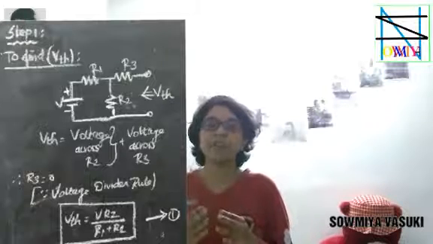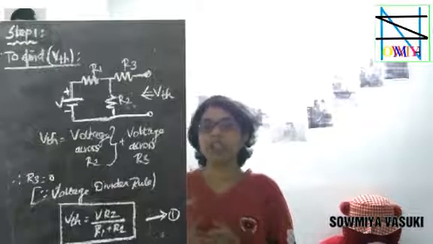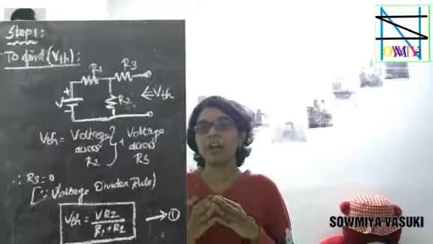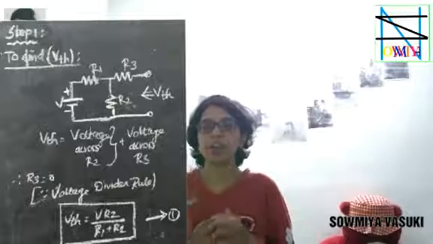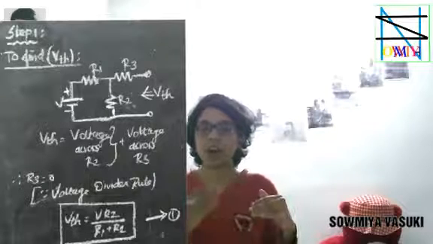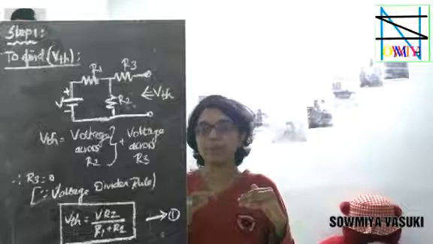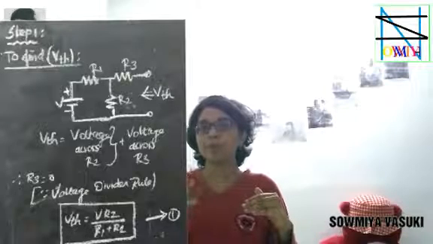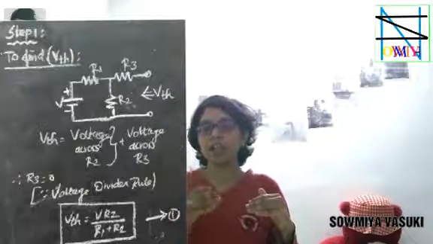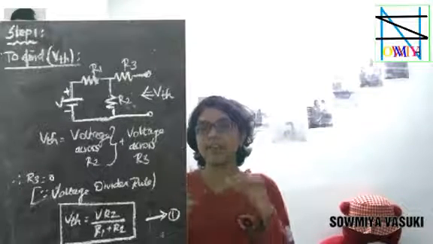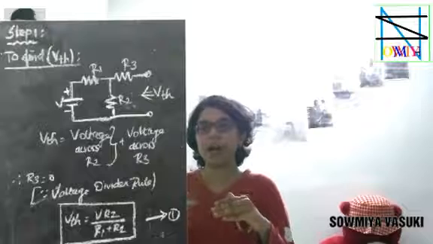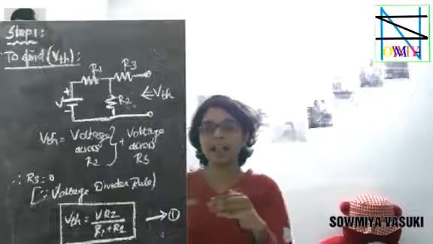To find the Thevenin voltage, V Thevenin, we use the voltage divider rule. Considering this network, R1 and R2 are parallel, R1 and R3 are connected in series, and R2 and R L are parallel.